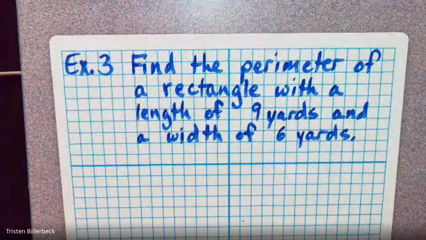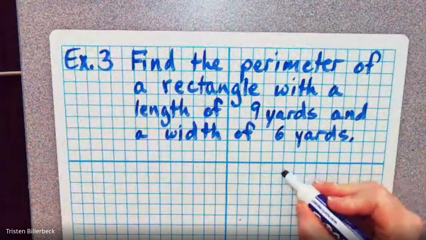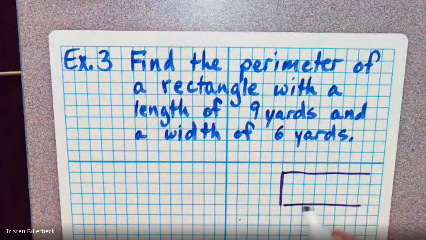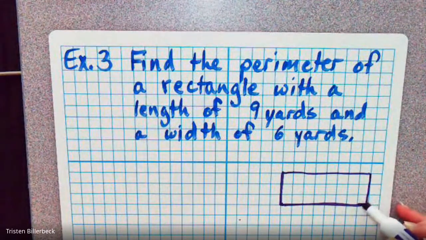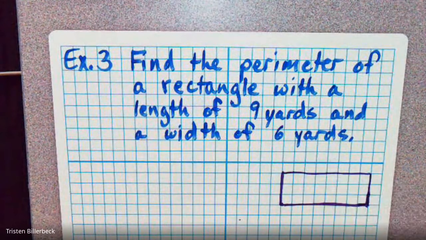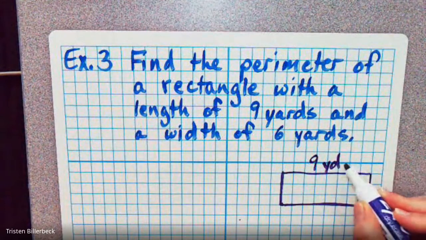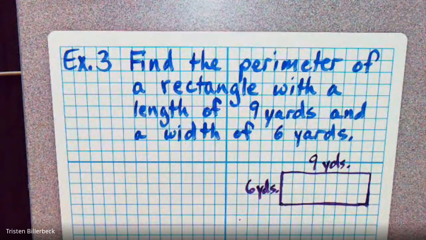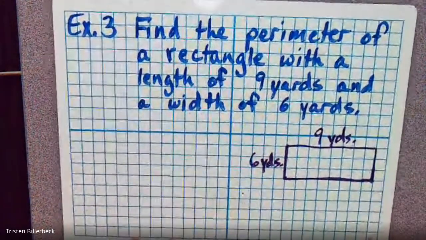All right, so let's look at the perimeter of a rectangle with a length of 9 yards and a width of 6 yards. The figures don't have to be scaled, they just have to communicate what you're trying to find. So we have 9 yards and we have 6 yards. We know that opposite sides of a rectangle are the same.